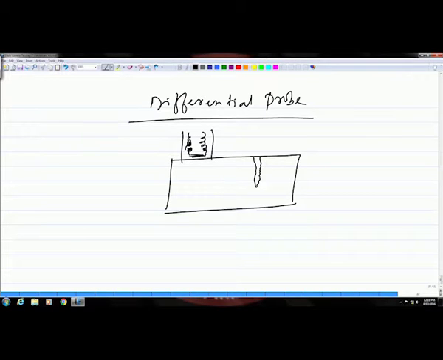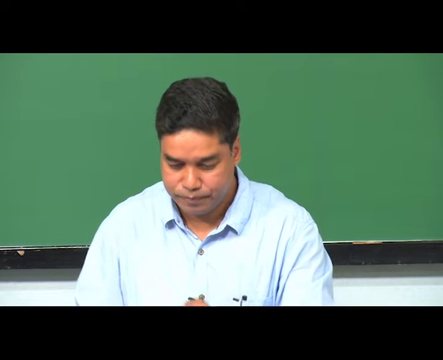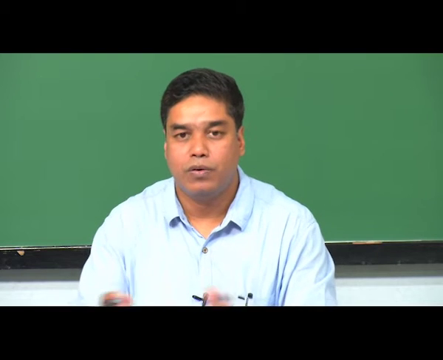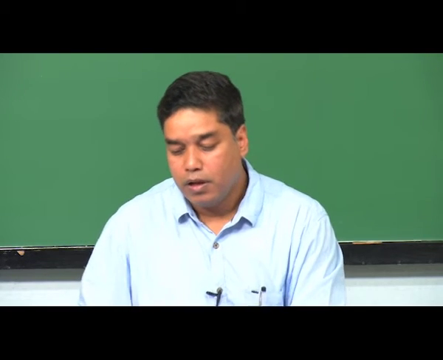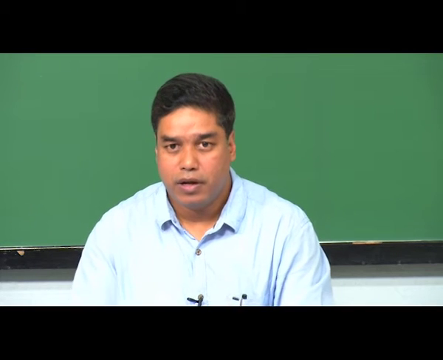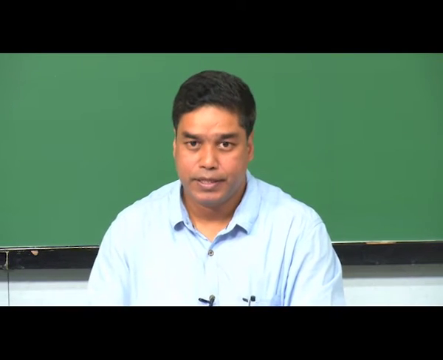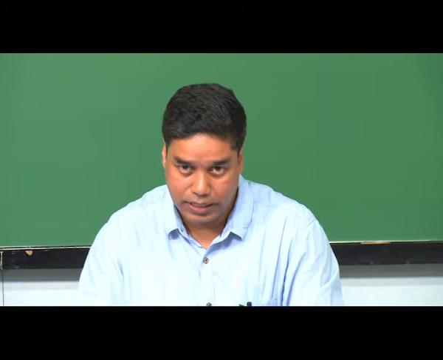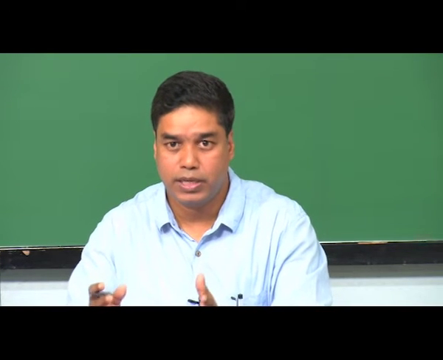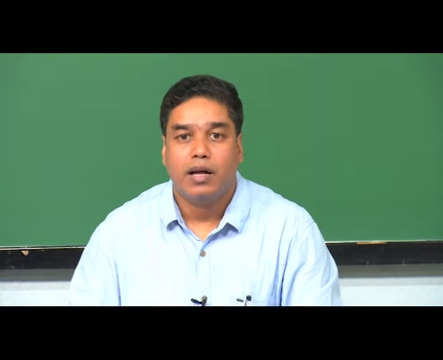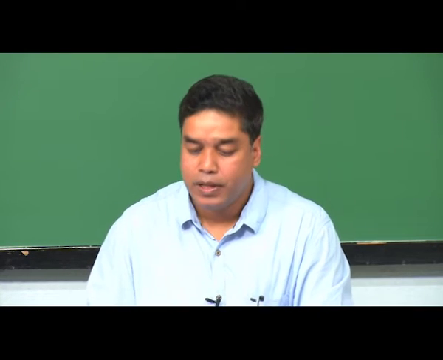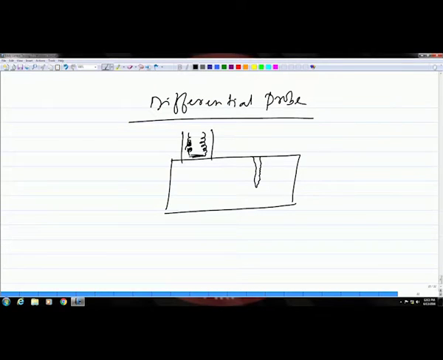When the probe is on a defect free region, then there will be no signal between these two coils, or if both of the coils are on the defect, okay, then also there will be no differential signal between them, because both are at the same location and receiving similar kind of signal.